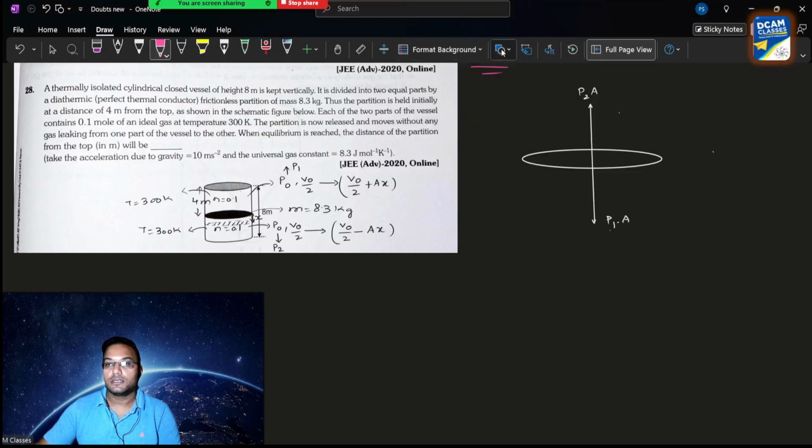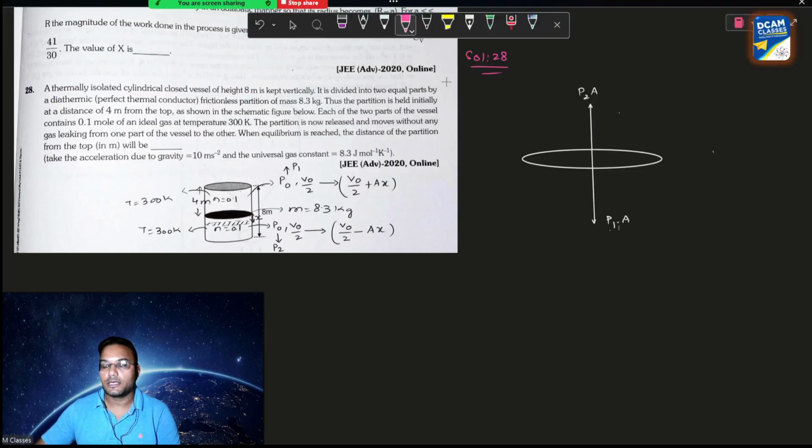But there is an mg force also acting downwards. For equilibrium, the first relation you can write is P2A minus P1A should be equal to mg.